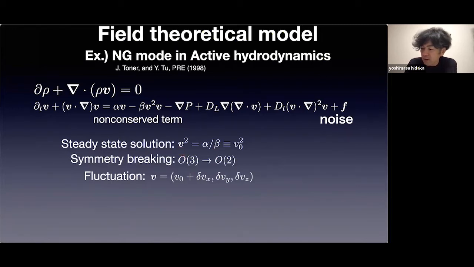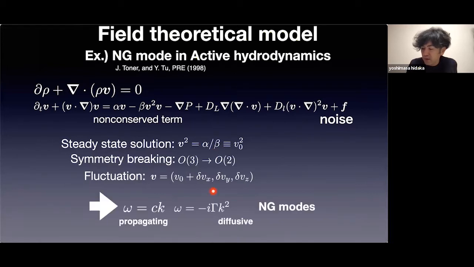So this gives you some symmetry breaking pattern. It's O(3) broken down into O(2). Then if you evaluate the fluctuation, you can find some gapless excitation. In particular, this mode is nothing but the Nambu-Goldstone mode.